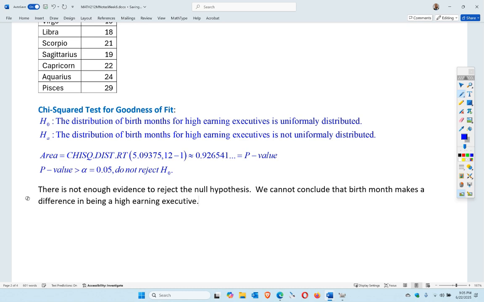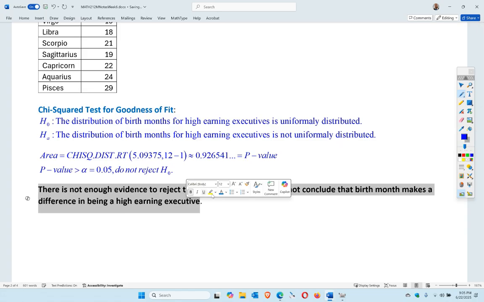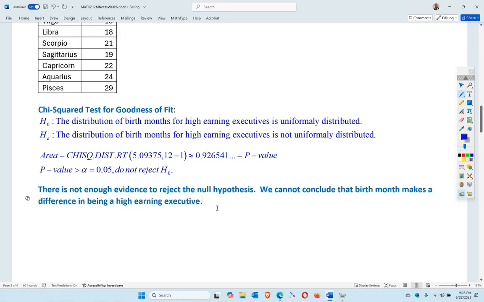Maybe that's a better way to put it. I'm not exactly happy with the wording I put there, to be honest with you, but it gets the point across that there's not enough evidence. So basically we're going to assume they are uniformly distributed. That's the basic assumption, that it is actually uniformly distributed. All right, that's the end.